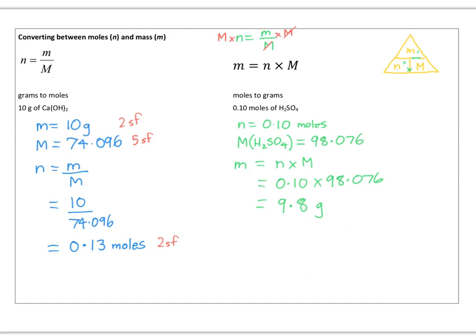Once again, two significant figures, because we only had two significant figures here. That was our least number of significant figures. So hopefully now you can see how we convert between moles and mass using the molar mass in both directions.